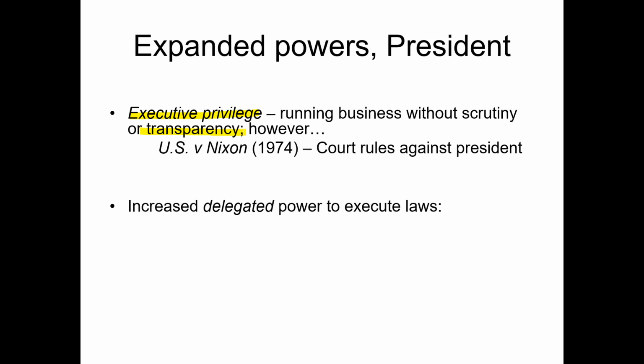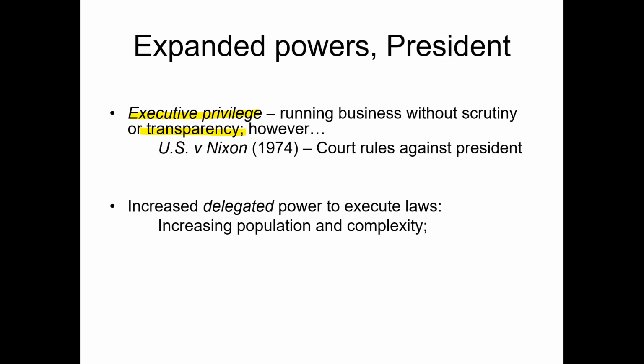But the general tone that surrounds these expanded powers of the president is because our society is getting bigger. It's becoming more complex. There's more things that government agencies need to do to satisfy the demands of people out there in the world that may need help or may not be getting everything that they need from the capitalist market.